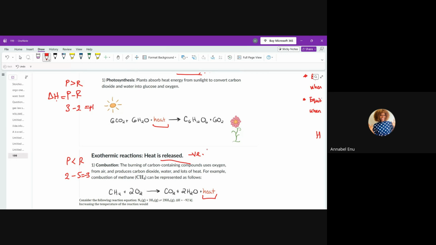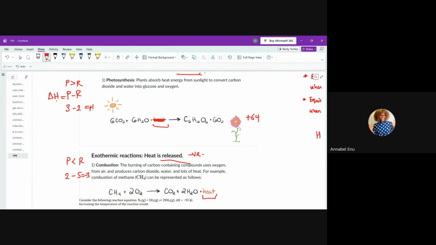What if you're not given it like this? If you see a positive enthalpy change, for example, rather than them writing heat, maybe there's no heat here. You just say CO2 plus water to give us glucose and oxygen. Then they now wrote something like plus 64.